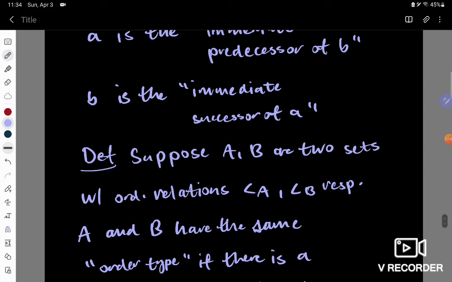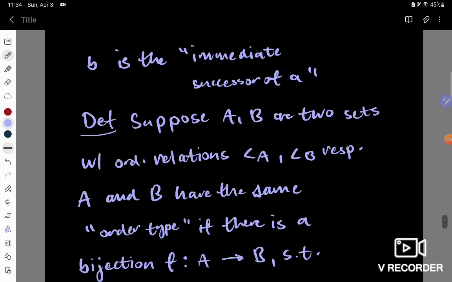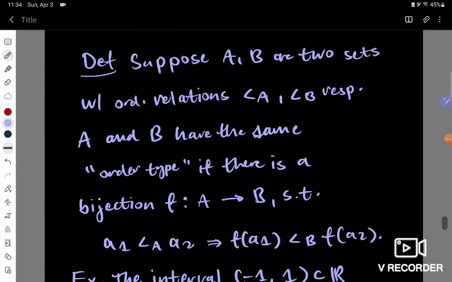Then we define A and B to have the same order type if there exists a bijection, a map F from A to B that is both injective and surjective, or a one-to-one correspondence, that also satisfies this additional property, which is about the order. If a1 is less than a2 with respect to the order relation in A, then F of a1 is less than F of a2 with respect to the order relation in B. That is, one can think of this bijection F preserving the orders of A and B.